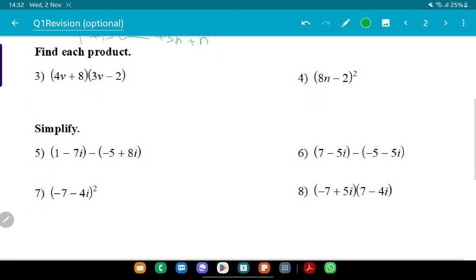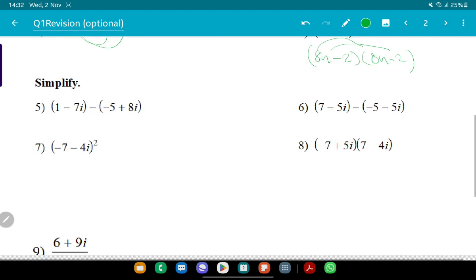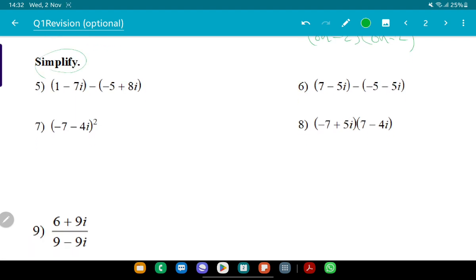Okay, product, use FOIL, then simplify. This repeated bracket, duplicate the bracket, then use FOIL, the method of multiplication. Simplify this. Let's make this addition because we have one example addition, one subtraction, or the opposite.